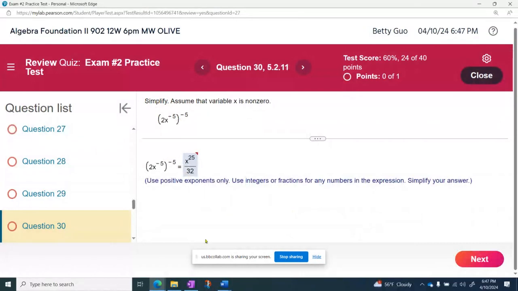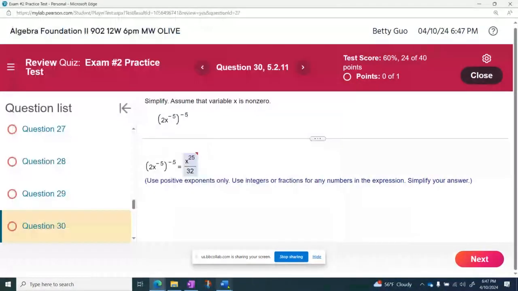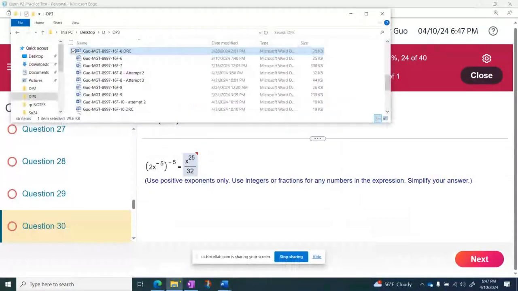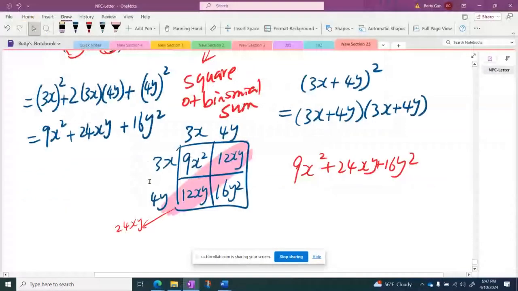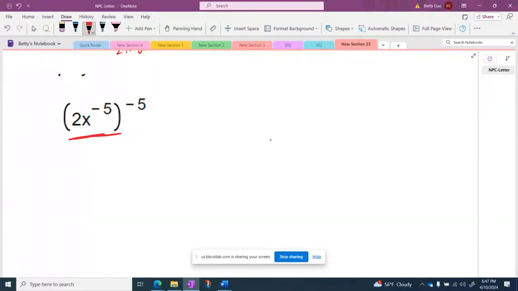Next, simplify. I see a power of a product first. The base is a product.